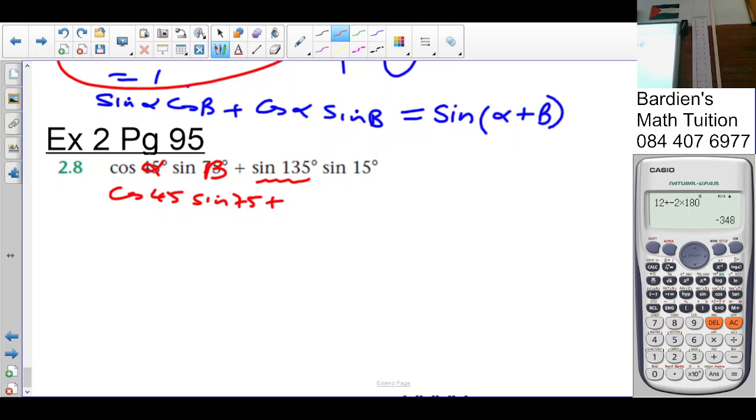So how can I get a 45, either 45 or 75? What are we going to get here? 45. It's going to be sine 90 plus 45. Or I could have said 180 minus 45. We'll see now which one is correct. How can I get the 75 here?